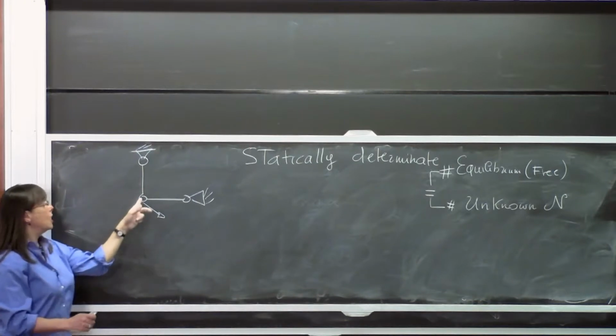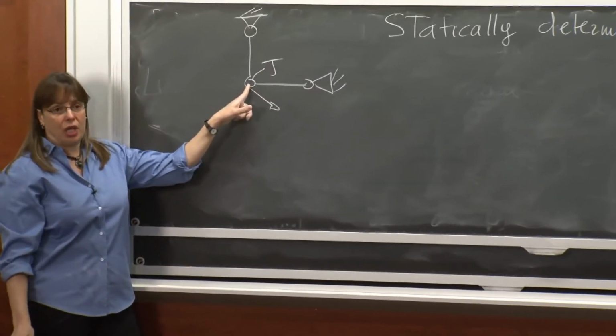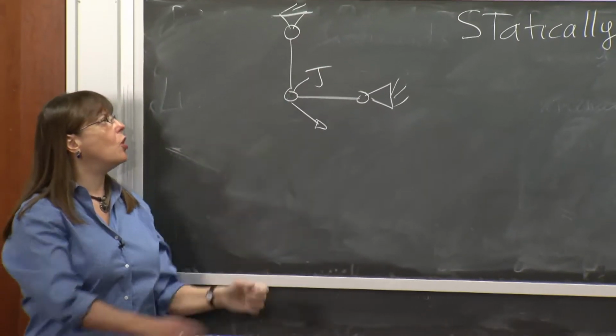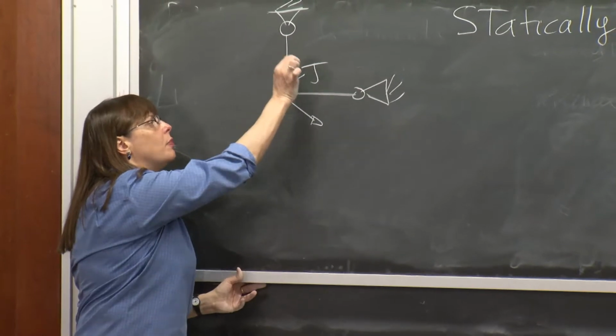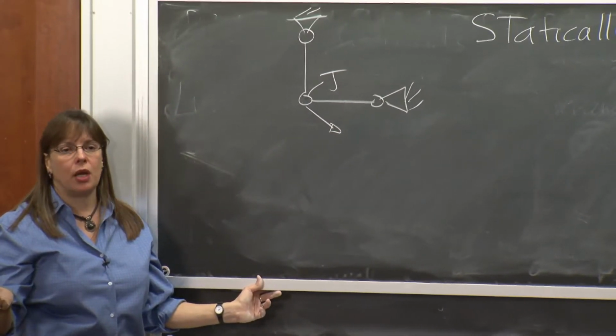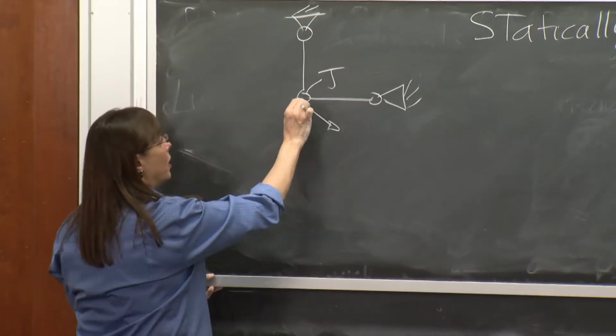So in this case, I have one joint, let's call it J, that is free. The other ones are constrained. Equilibrium X, equilibrium Y. I find the axial force in this bar and the axial force in this bar. 2 equations, 2 unknowns.